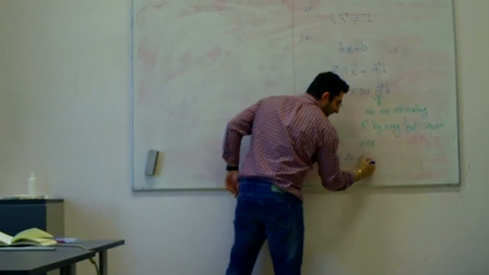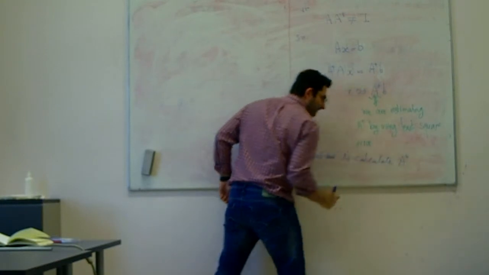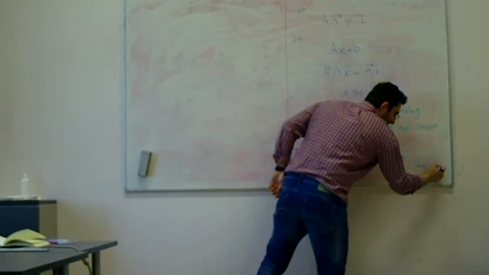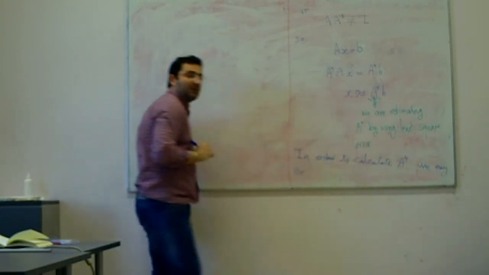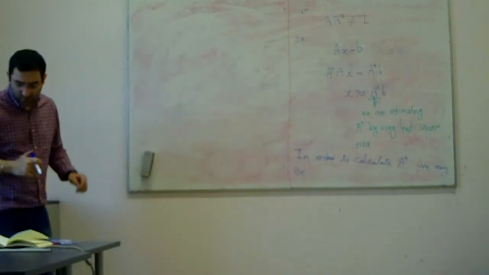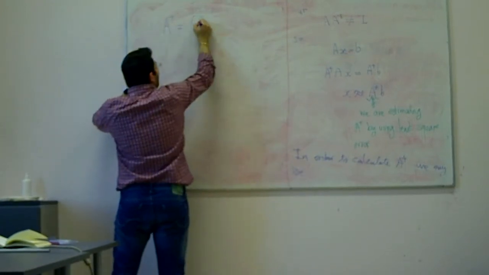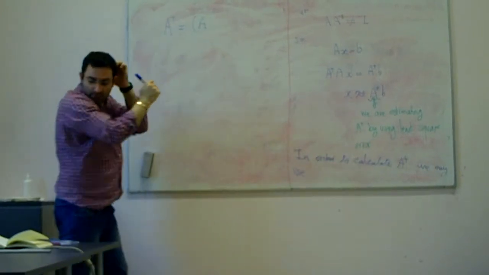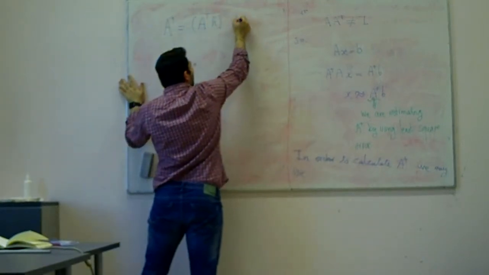In order to calculate A plus, we may use a formula; there is a theorem about under what condition we can use it. We will talk about that theorem also. A plus is equal to (A transpose A) inverse A transpose.